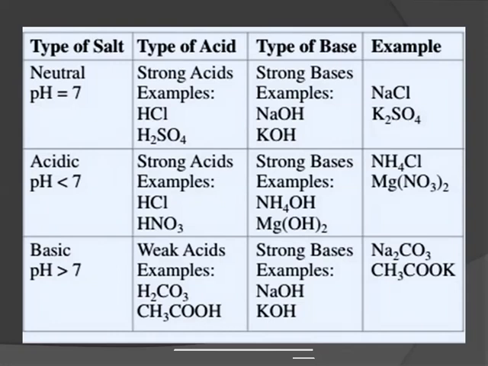It is formed by a weak acid and a strong base. For example, carbonic acid when it reacts with sodium hydroxide gives sodium carbonate, or acetic acid when it reacts with potassium hydroxide gives potassium acetate.